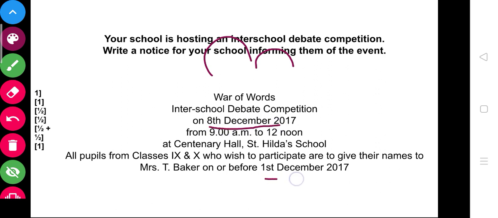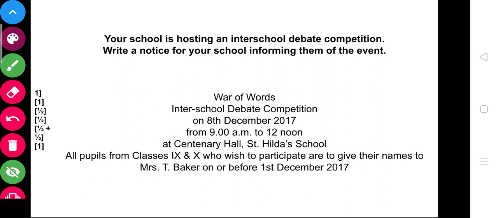But this date and that date you have to make a connection: this date should be the date of the notice, and this is the date when the competition is going to be held. Keeping this formula in mind, you can write very easily.